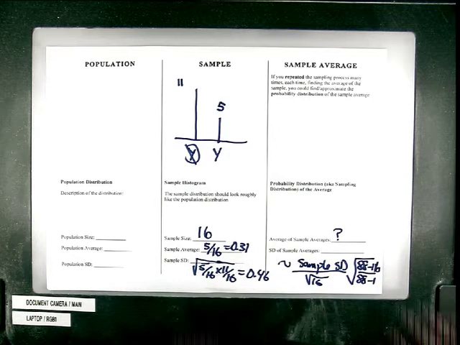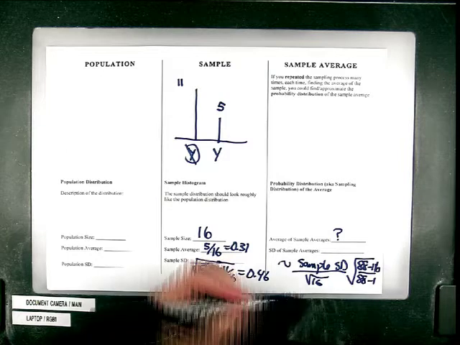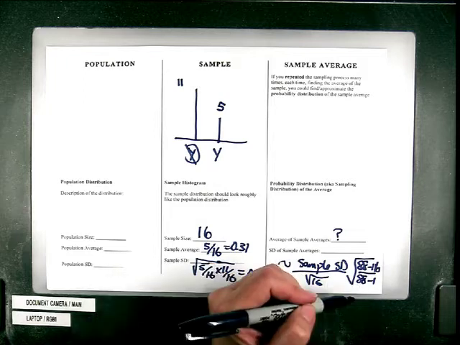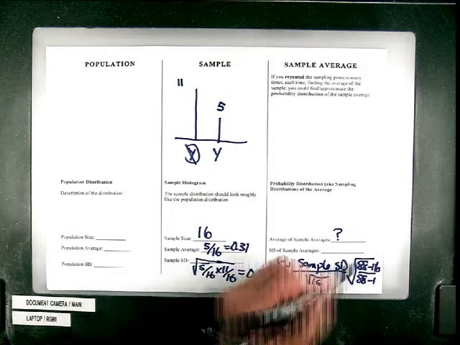So just to make it easier for you, square root of 16 is 4, and the FPC is 0.91. Okay? So this is 0.91.